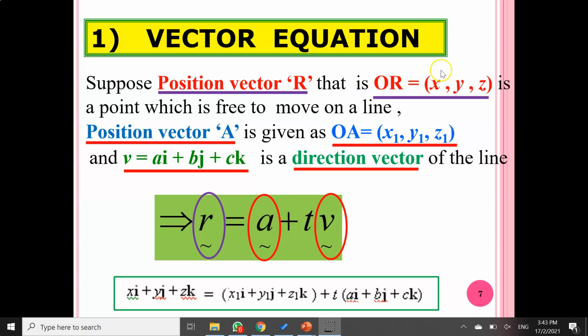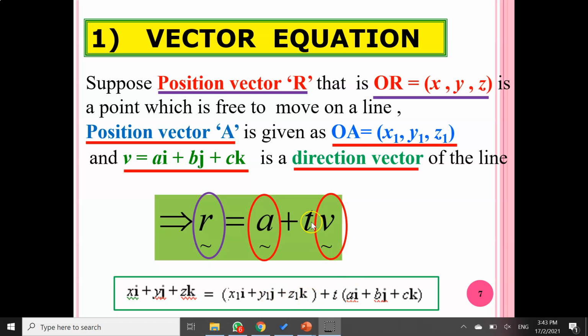You go back to the position vector r, which you can write as xi plus yj plus zk, equal to your position vector a. So you just substitute the value of position vector a, which is x1i plus y1j plus z1k.